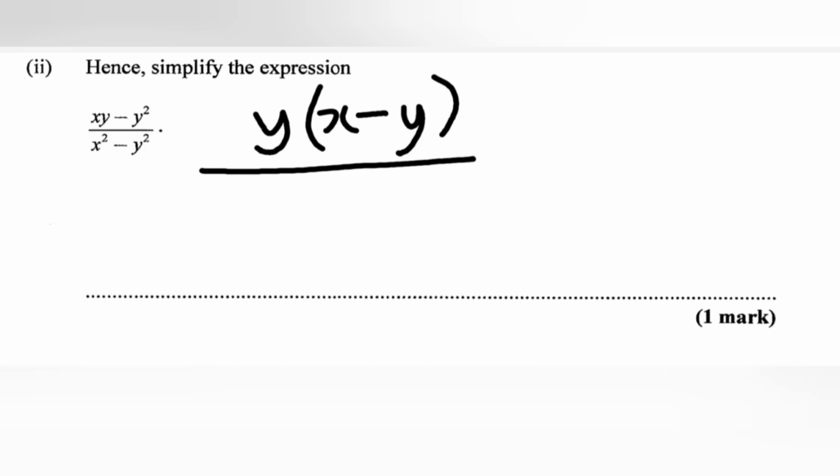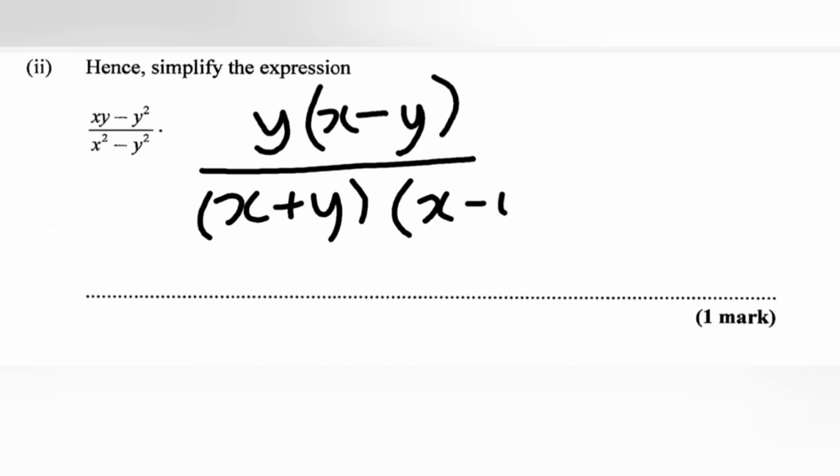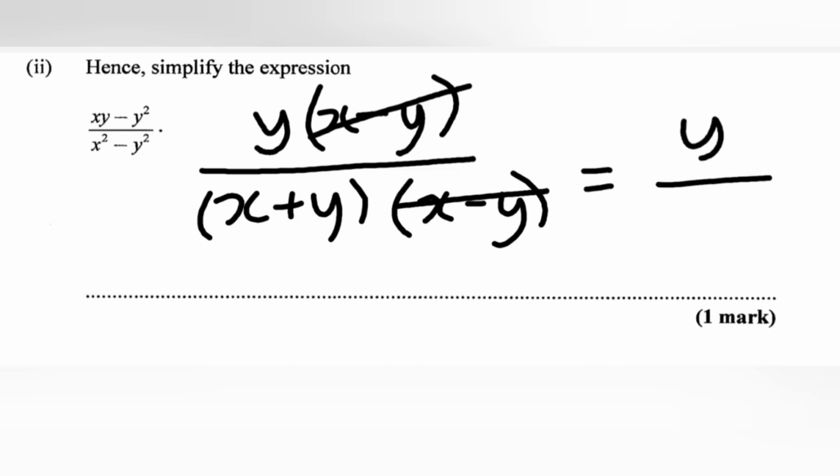Below the bar, we have x squared minus y squared. That's the difference of two squares. So we're going to have x plus y in one bracket and x minus y in the other. We can simplify by cancelling out the x minus y at the bottom with that at the top. And then that would leave us with y over x plus y.